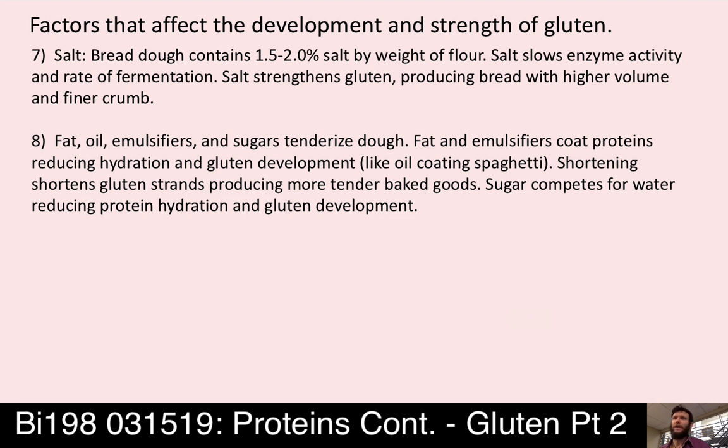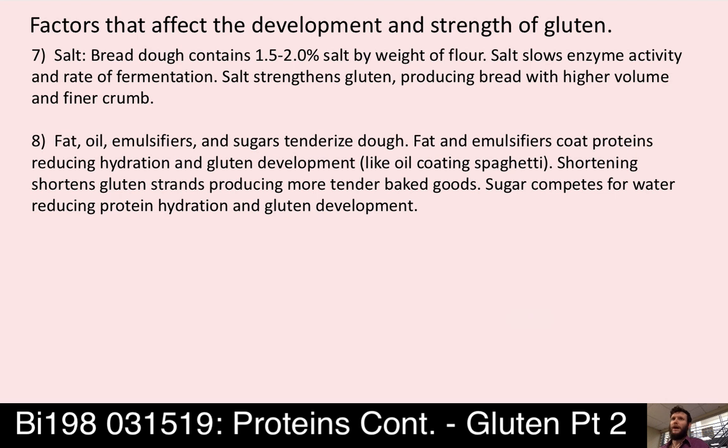Yeast don't really like being in a salty environment, and it slows down the rate of fermentation and the rise that you're going to get out of the dough. And then lastly is the addition of other things like fats, oils, sugar, emulsifiers, all kinds of stuff that you can stick in a dough. And they're going to have a range of effects, right?